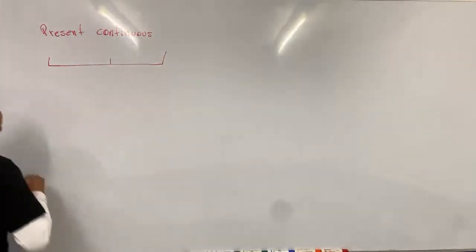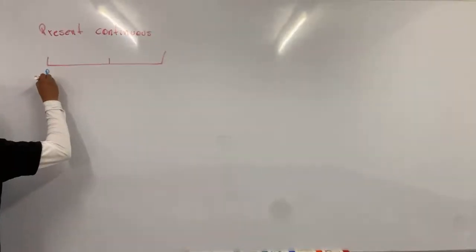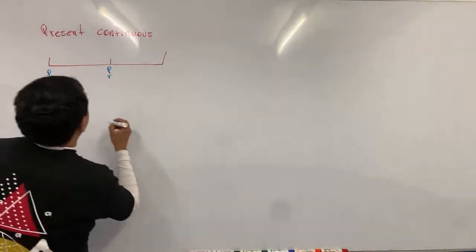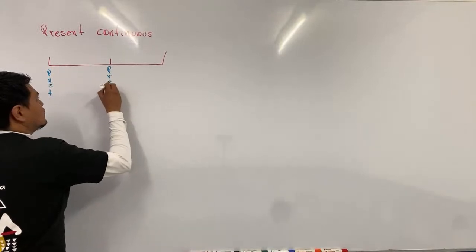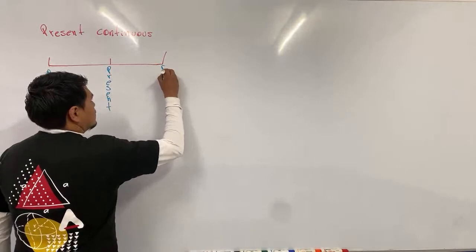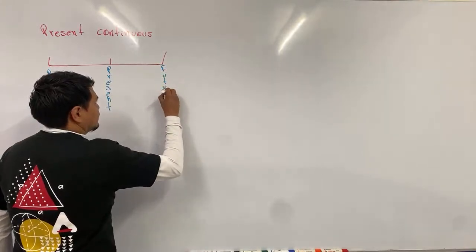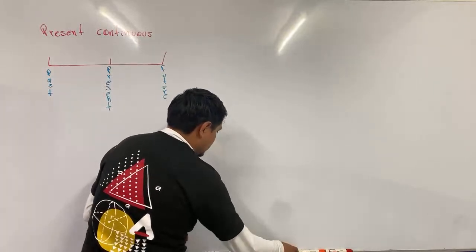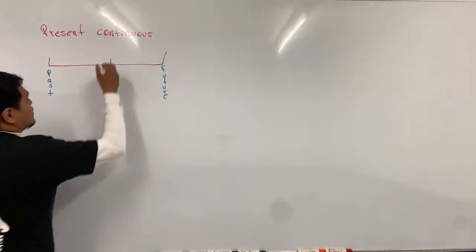For example, this is the past, this is the present, and this is the future. The present continuous is right here.